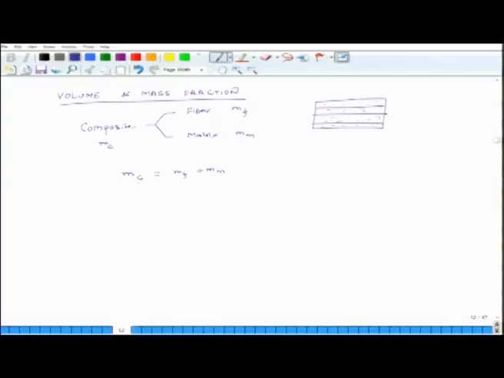If I divide this by MC, I get 1 equals MF over MC plus MM over MC, and I relabel these as capital M F and capital M M. So, I write this as 1 equals MF plus MM.